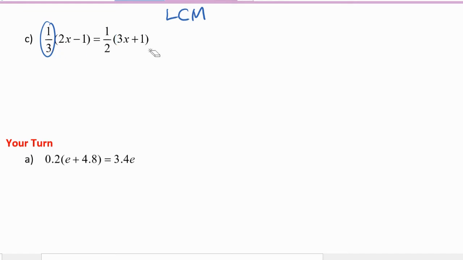Okay? So what is LCM, everyone? The least common multiple. So we're going to find the least common multiple of 3 and 2. The LCM of 3 and 2 is 6. So you're going to multiply by 6 on both sides.